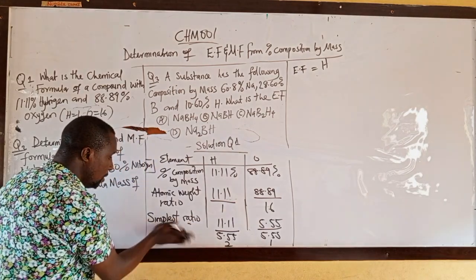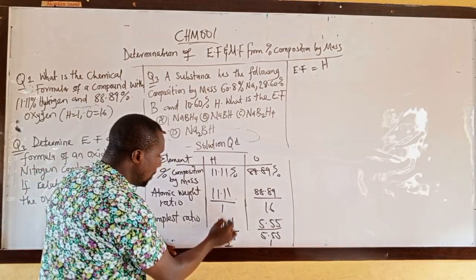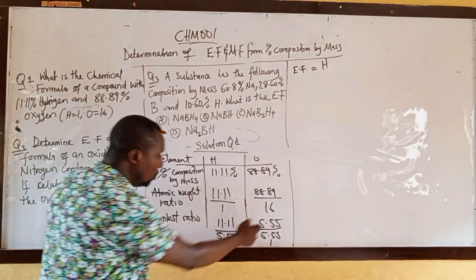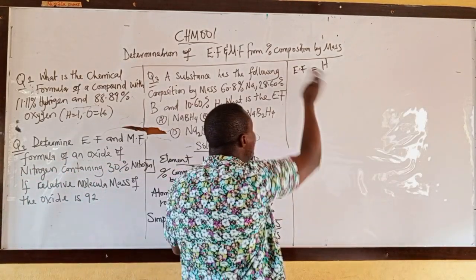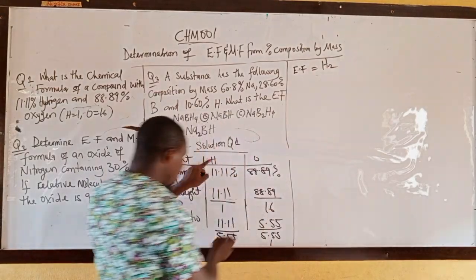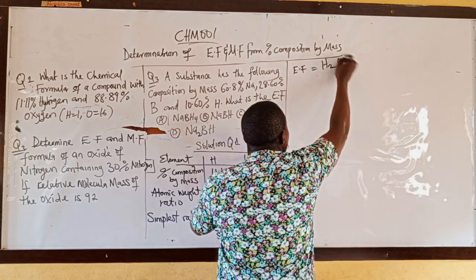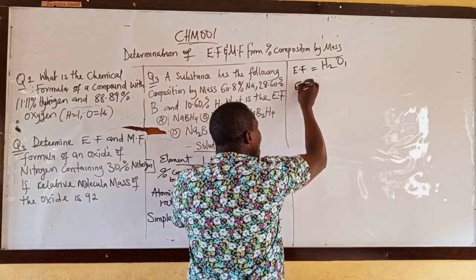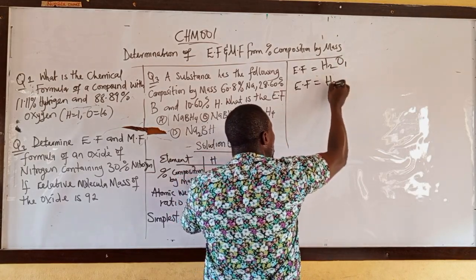Please, I'm sorry for that. So 11.11 divided by 5.55 gives 2, and for oxygen you have 1. Then for the empirical formula, hydrogen is 2 and oxygen is 1. Therefore, the empirical formula is H2O.